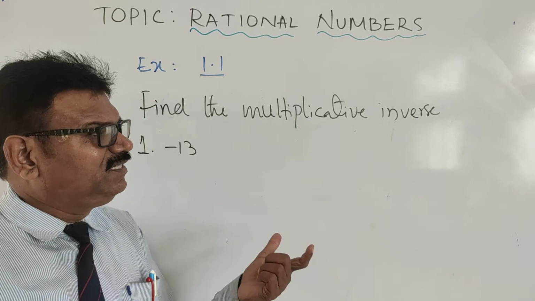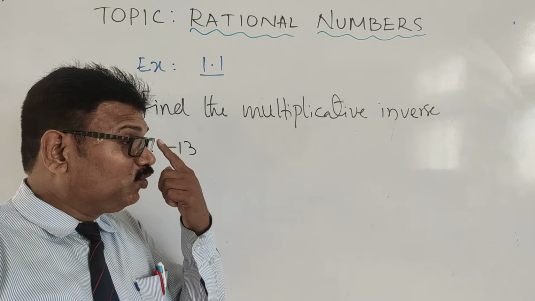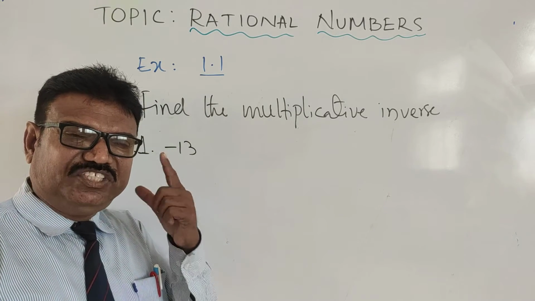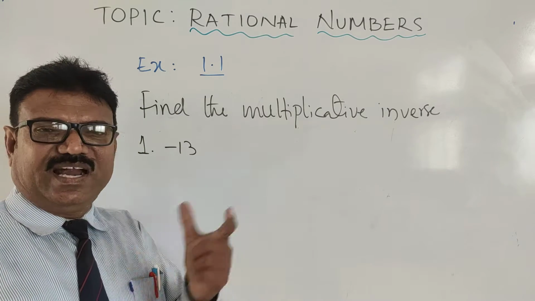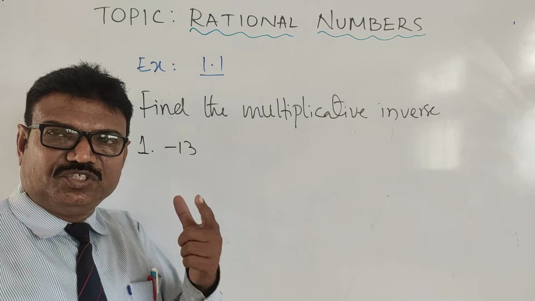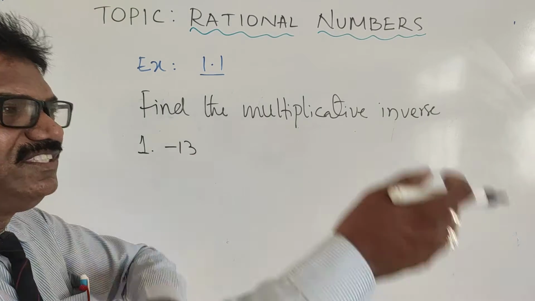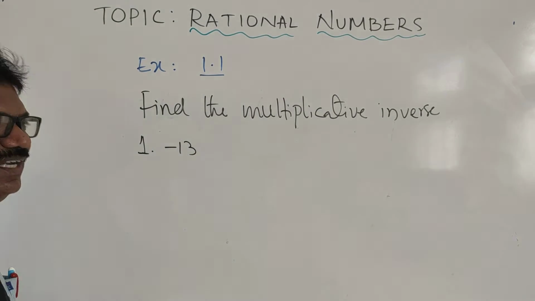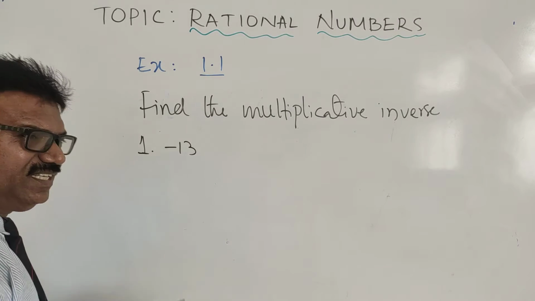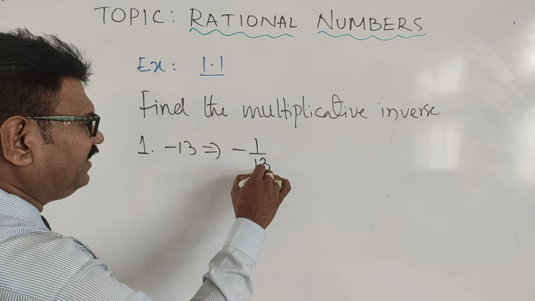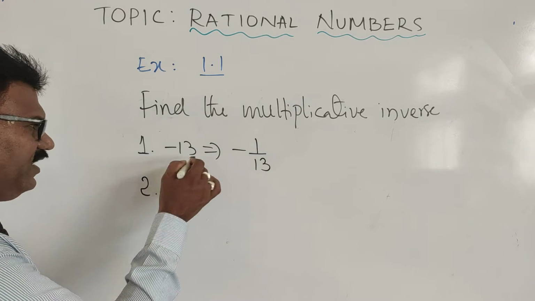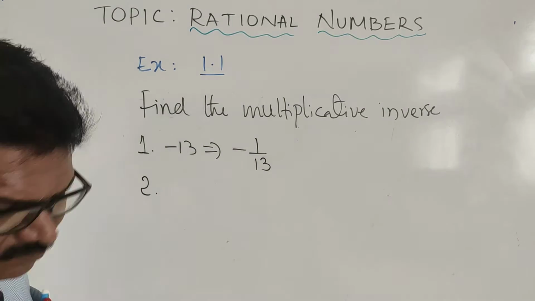In additive inverse we changed only the sign. But here we are not supposed to change the sign. We should change the number. Changing the number means reciprocal. Reciprocal means reverse. If minus 13 is there, its answer is minus 1 by 13. That's all. Only reciprocal.